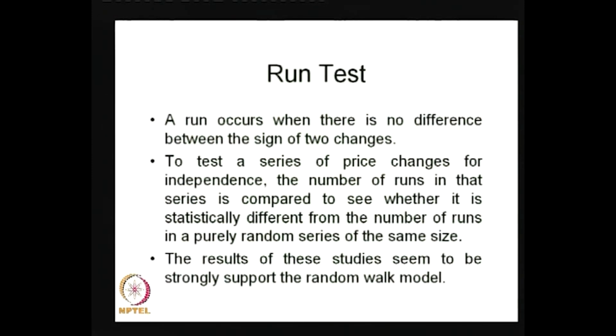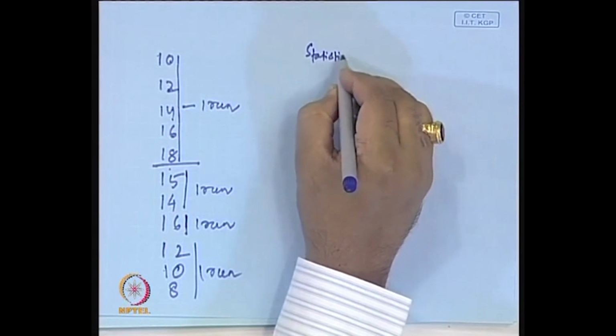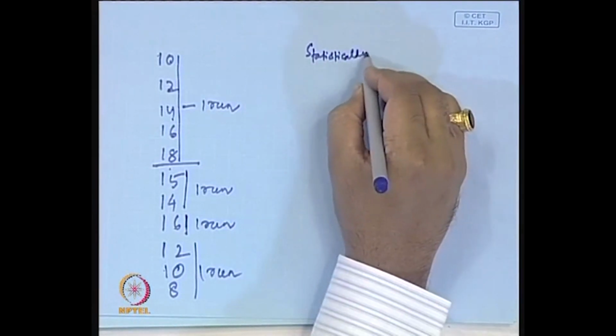To test a series of price changes for independence, the number of runs in that series is compared to see whether it is statistically different from the number of runs in a purely random series of the same size. What does it mean? What do we say about being statistically significant?